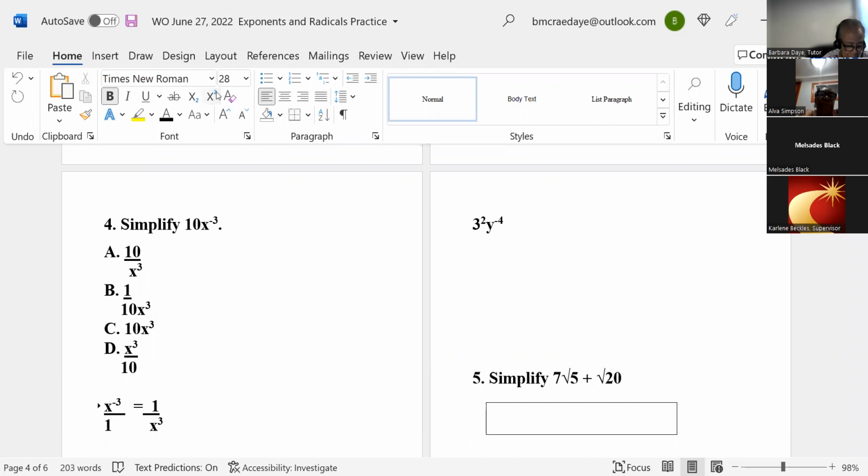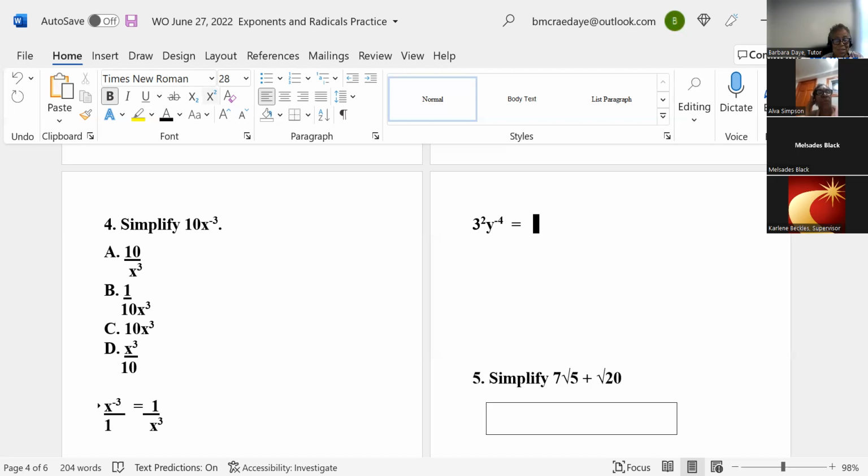Mercedes, what's that equal to? Just give me the answer. So you're going to keep the 3 to the second power. What's 3 to the second power?